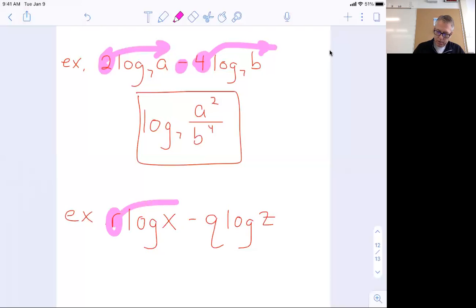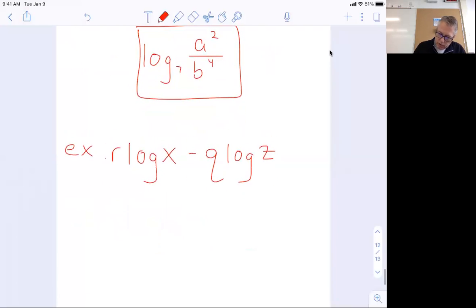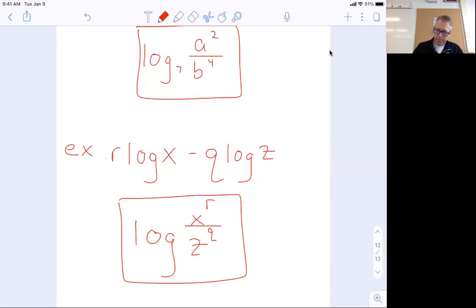That R is going to become an exponent. The Q is going to become an exponent. And so our answer as a single log would be common log of X to the R divided by Z to the Q. So that R became an exponent, that Q became an exponent, and it was division.